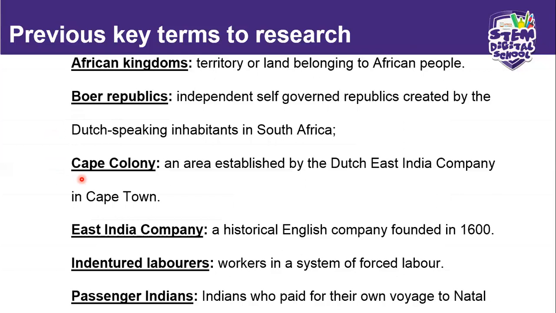It was an area established by the Dutch East India Company in Cape Town. So it was called a Cape Colony. Number 4, East India Company. This was a historical English company founded in 1600. It was called East India Company. So it was formed by the British or the English people.